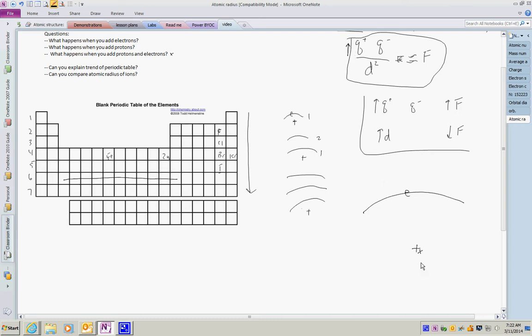So anytime I add protons to this particular center, regardless of whatever I do, well, I shouldn't say regardless of anything, but anytime you increase positive, you are going to be increasing Coulomb attraction, which means you're going to be drawing these outer electrons in. The electrons, however, are going to be spread out, so they would be all over the place.